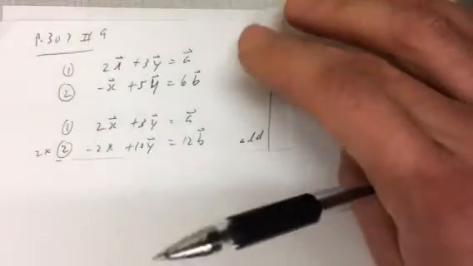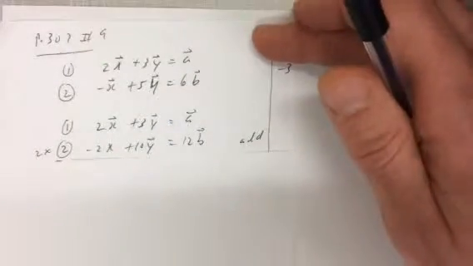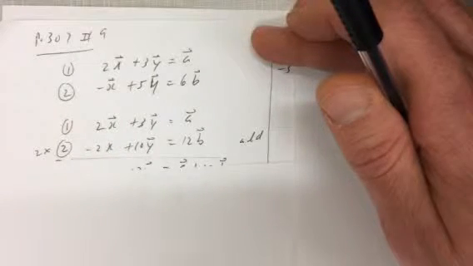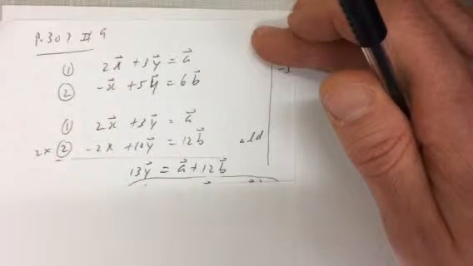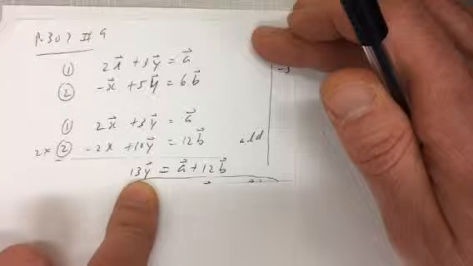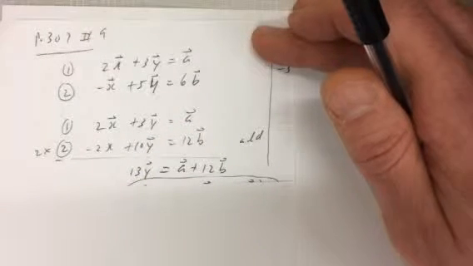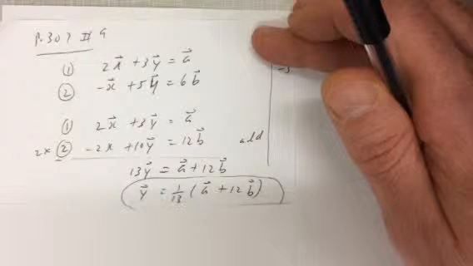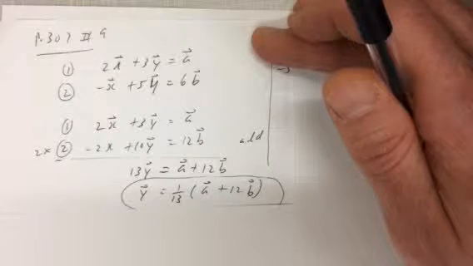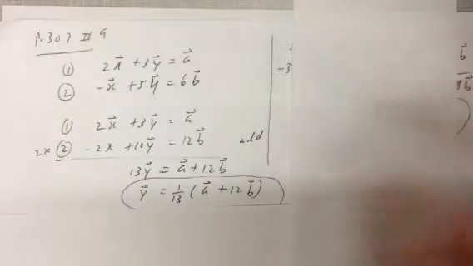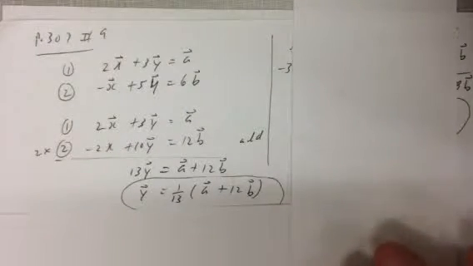So multiplying equation 2 by 2 and then adding them, x vector will go away. I will then get 13y equals a plus 12b. Divide both sides by 13 and I get y equal to 1/13 of a plus 12b.